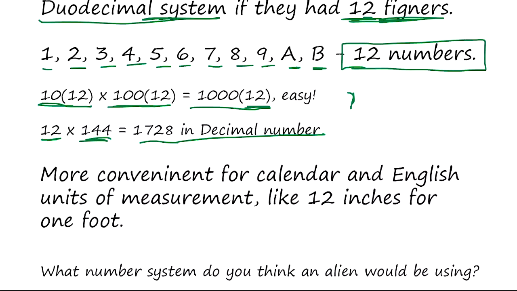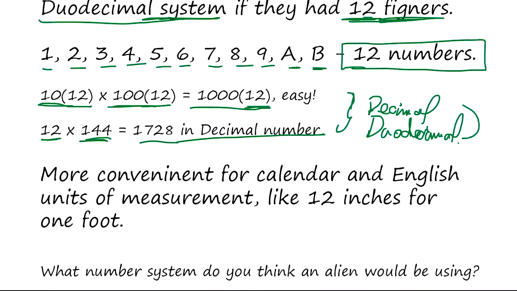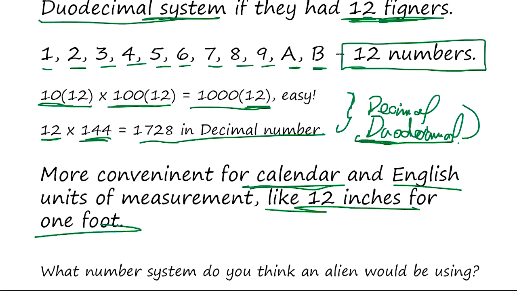So we can do conversion between decimal and duodecimal. If we used duodecimal, say humans happened to have 12 fingers, then with things like the calendar's 12 months and English units like 12 inches to 1 foot, the calculation would be much easier.